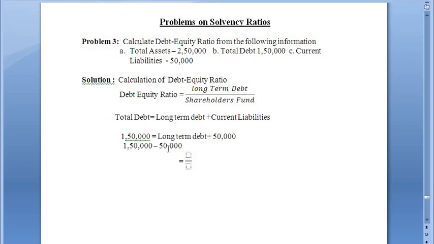The equal to sign will remain as it is. So 1,50,000 minus 50,000 is equal to long-term debt.